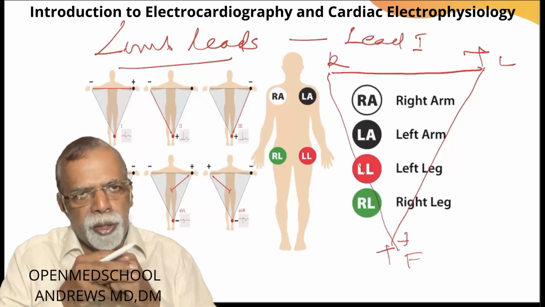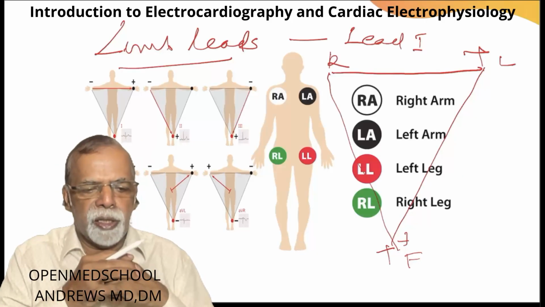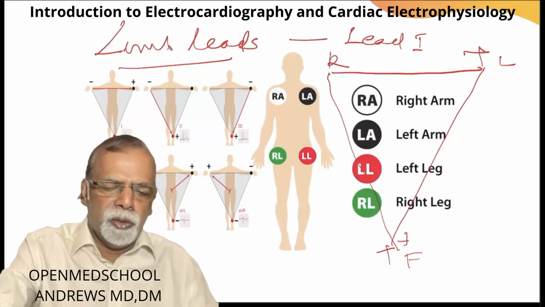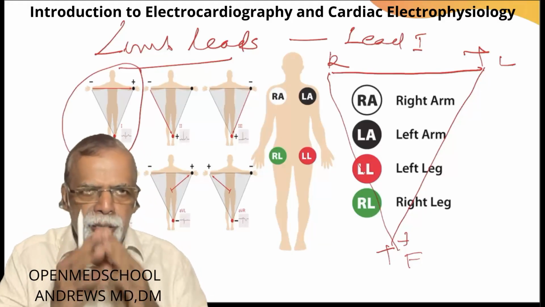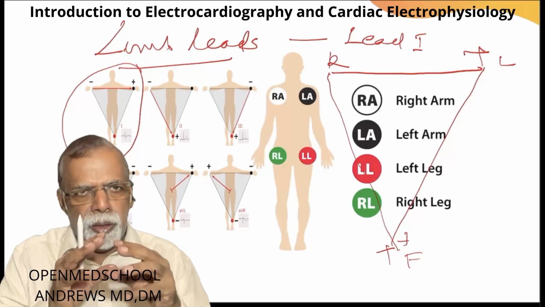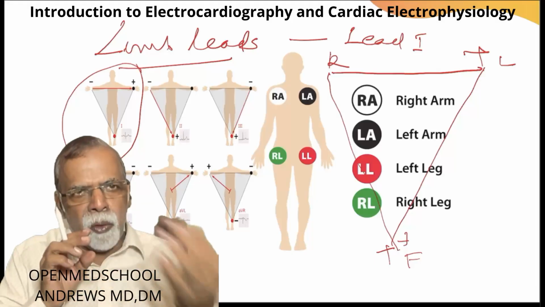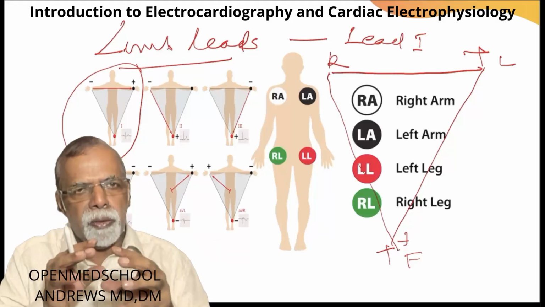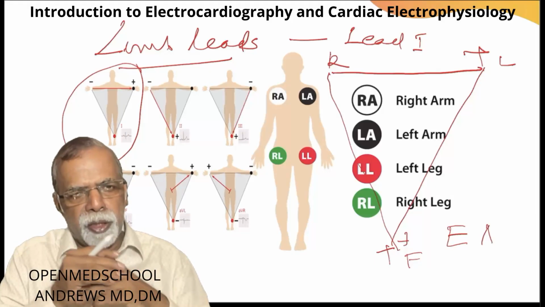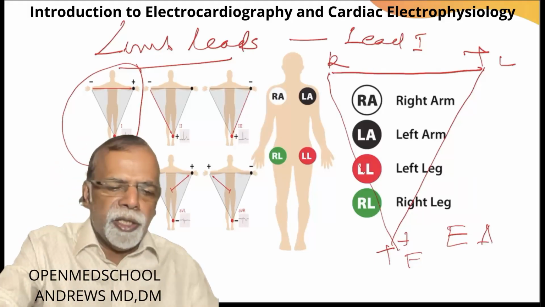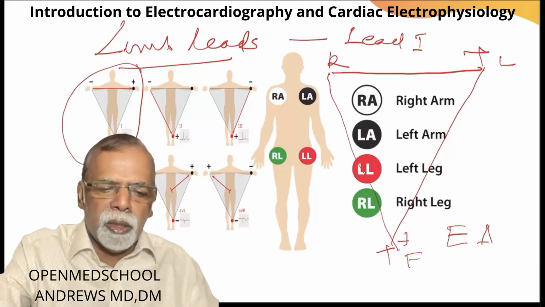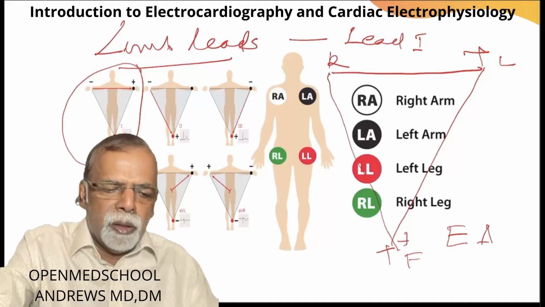Then comes the augmented leads or Wilson's leads. So there is no negative, there is an exploring electrode or recording electrode, other is made neutral and is augmented. Once it is kept on the foot, it is called AVF.